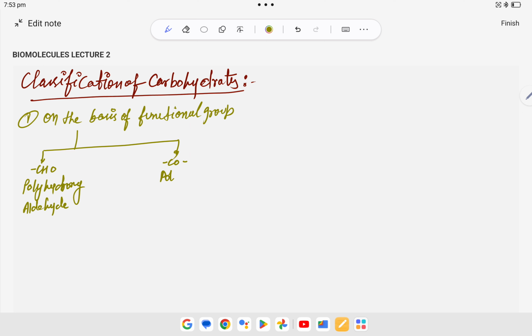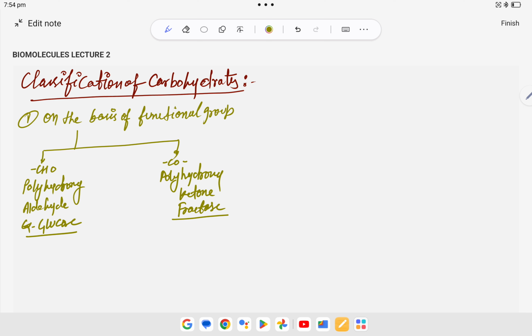If we are talking about examples, glucose is the example of polyhydroxyaldehyde and fructose is the example of polyhydroxy ketone.